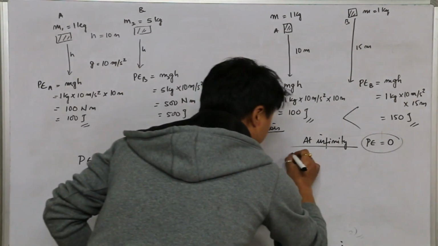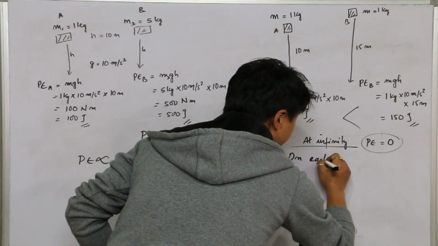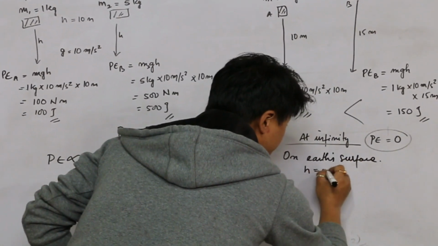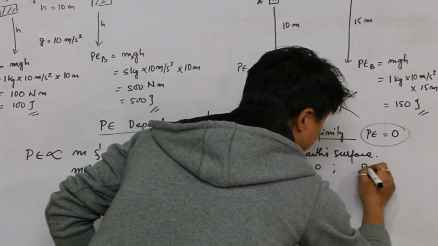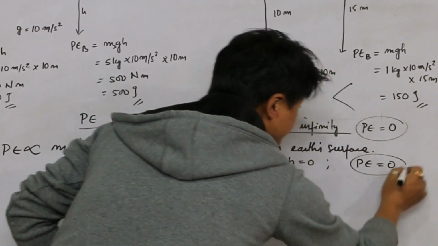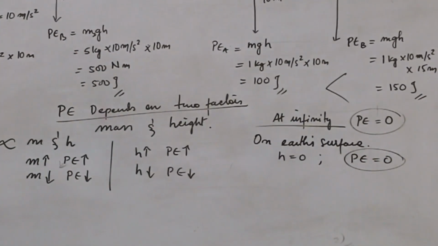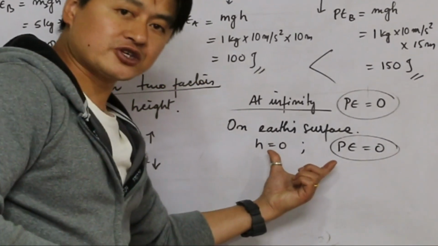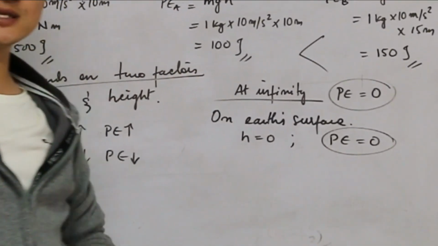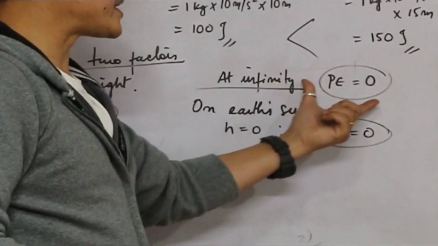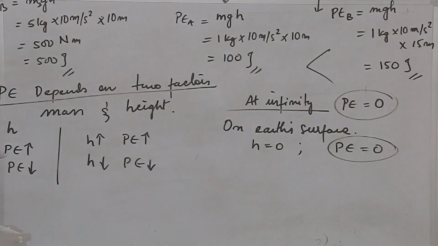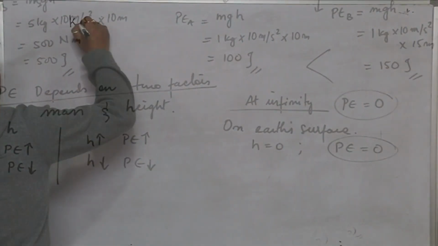And on the Earth's surface, h is equal to 0, therefore potential energy is equal to 0. So there are two cases when the potential energy is 0: when the body is on the Earth's surface, or when the body is at infinity. Clear?